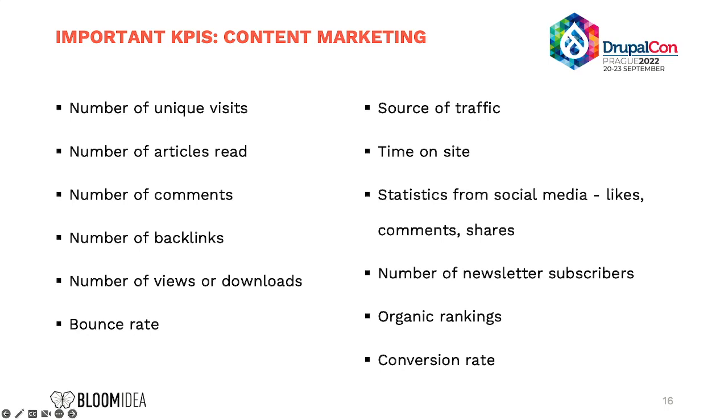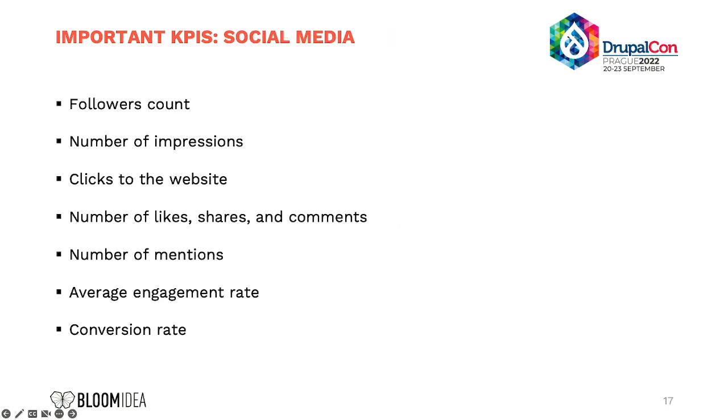These are the KPIs I recommend for content marketing. This one's for social media, for example, followers count. It's important to know if I have only one follower or 1,000 followers, it's totally different. Even the strategy changes with the number of followers I have.